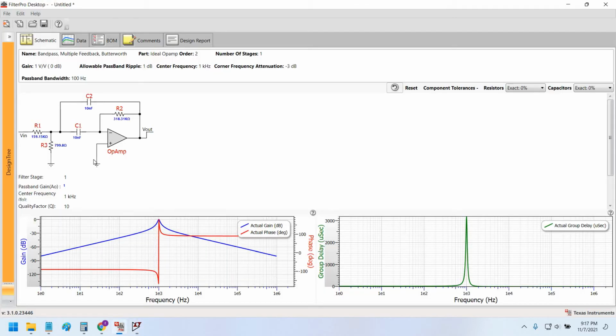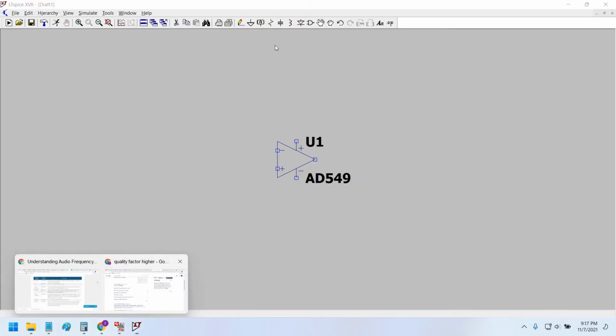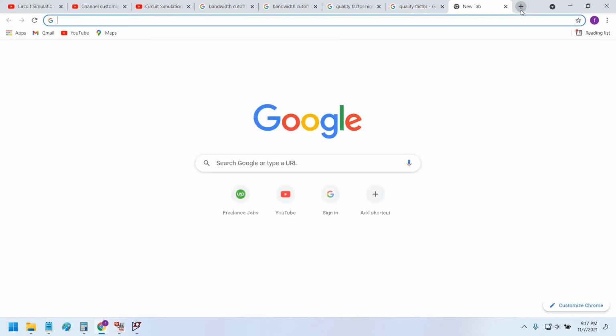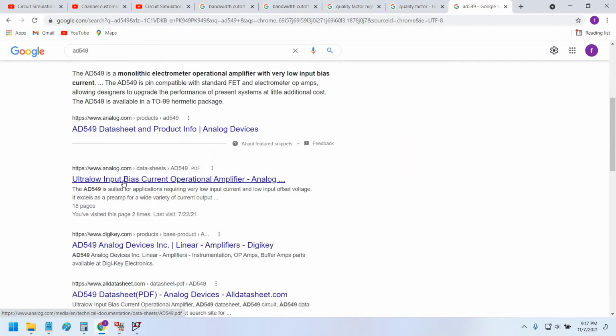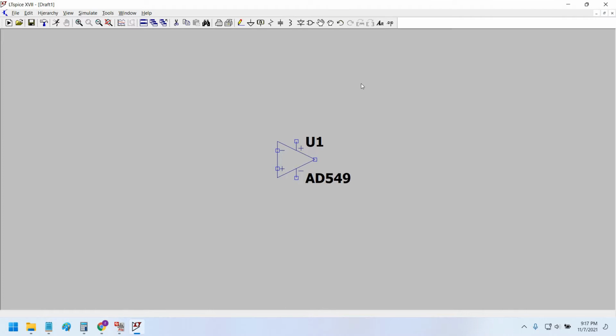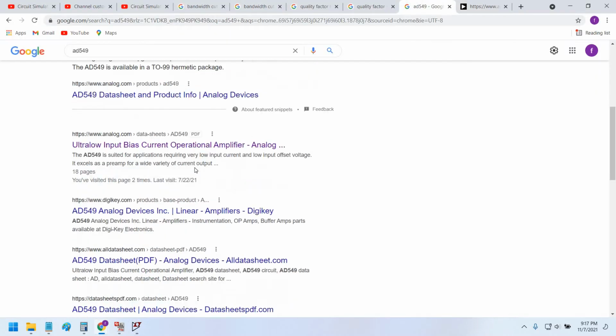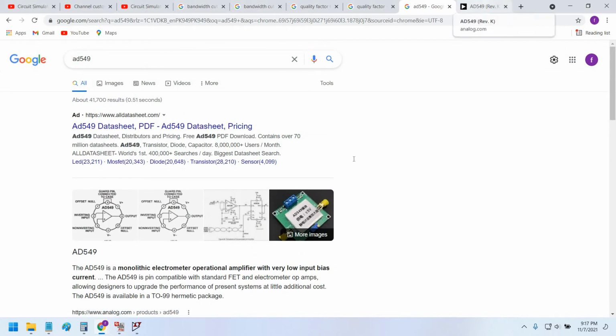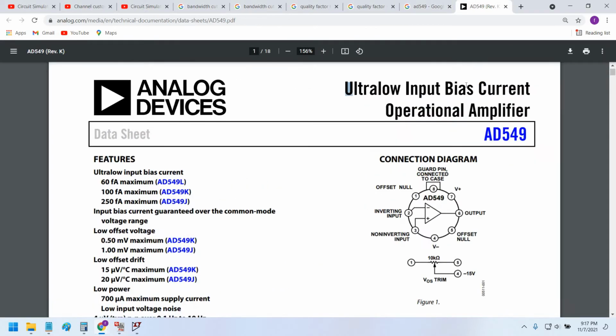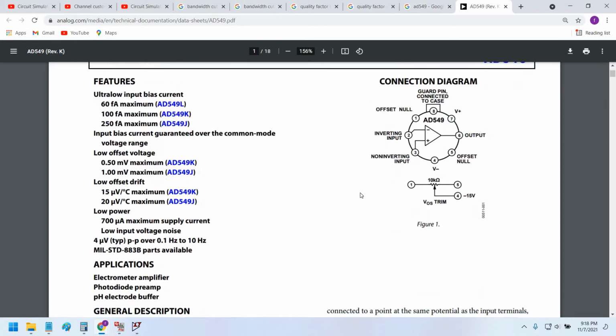Okay, so let's see what the AD549 datasheet says. Okay, so this is the ultra low input bias current operational amplifier.